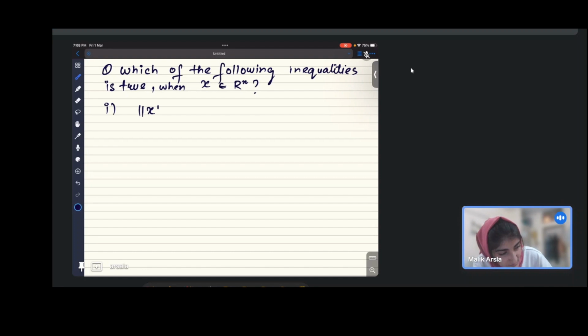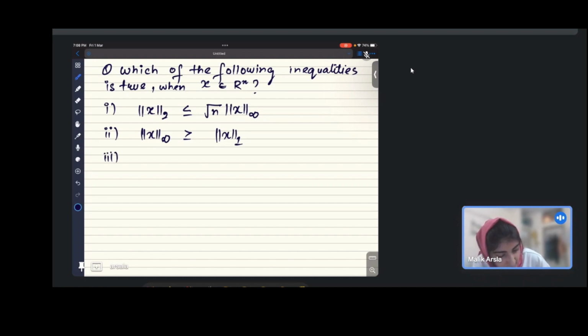The first is that the Euclidean norm of x is less than or equal to under root n into the infinity norm of x. The second is that the infinity norm of x is greater than or equal to the 1 norm of x.